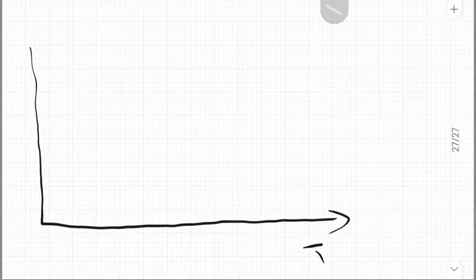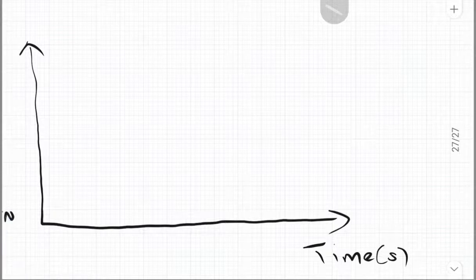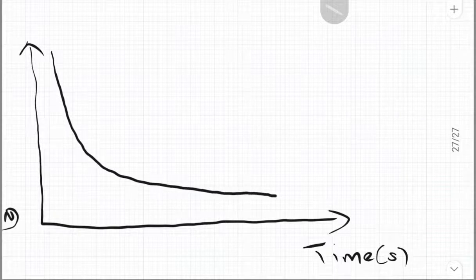So this axis is time in seconds, and this axis is the amount of particles or radioactive material, N. We said the graph looks somewhat like this.